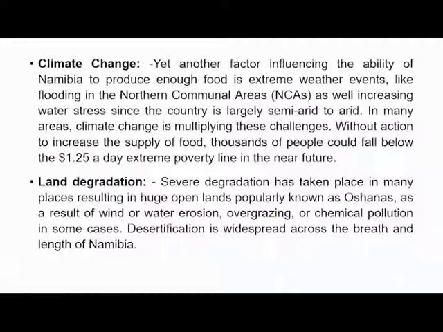Apart from the factors we have just discussed that influence food scarcity in Namibia, go to your study guide, touch on those topics, read them and understand them.